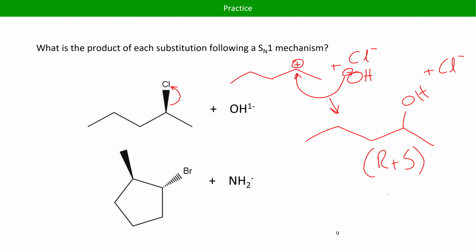This is all you would need to write to get full credit on the test. For this, it says, what is the product? Boom, that's all you need. Not even the plus chloride floating around. We get lazy with balancing our reactions in organic chemistry. We care about the organic compound more.